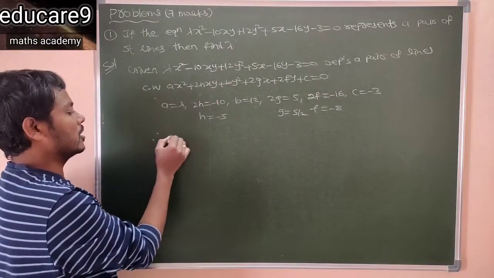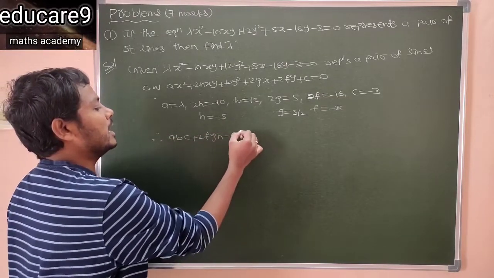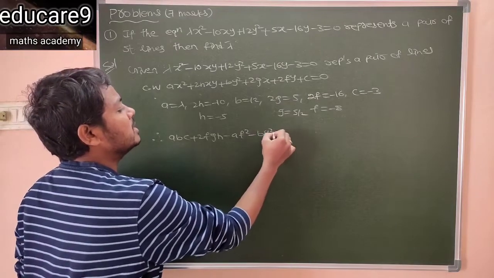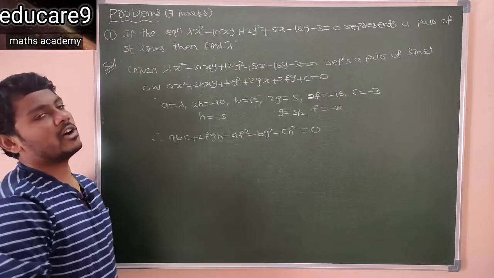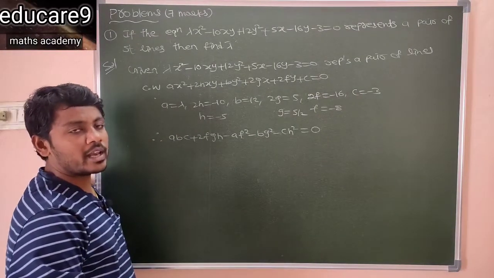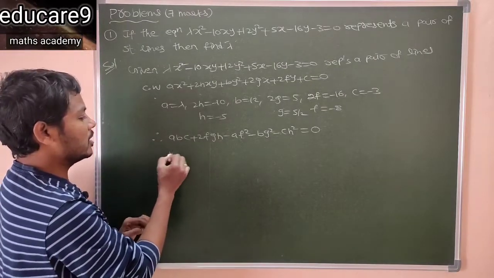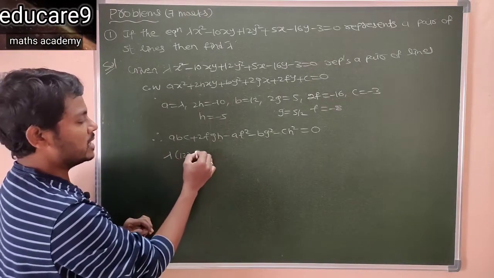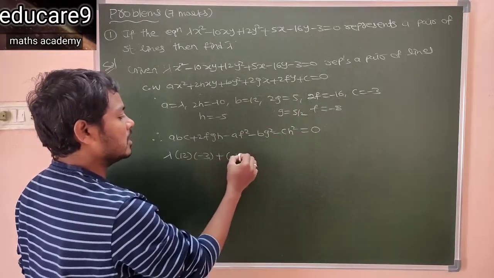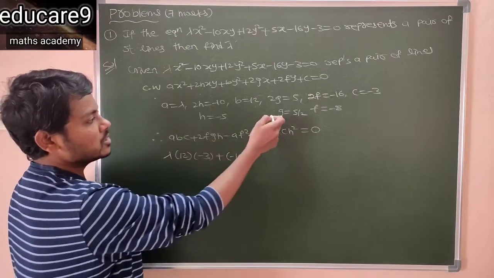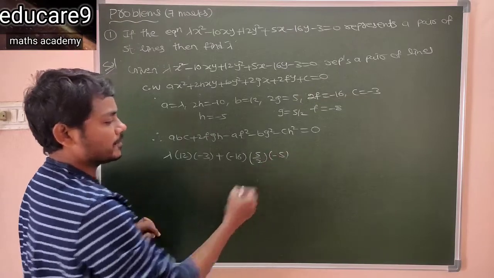Therefore ABC plus 2FGH minus AF square minus BG square minus CH square equals 0. Okay, because it is already given that it represents a pair of lines. Now ABC, see here A is lambda, and what is B? 12, and what is C? Minus 3, plus 2FGH, so F is minus 8, G is 5 by 2, H is minus 5.